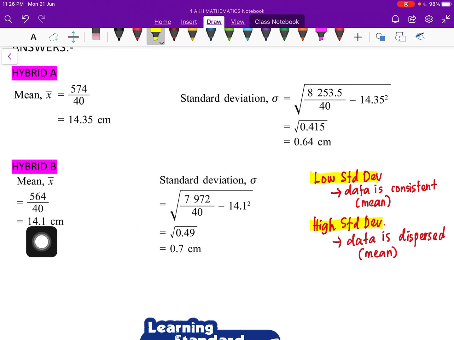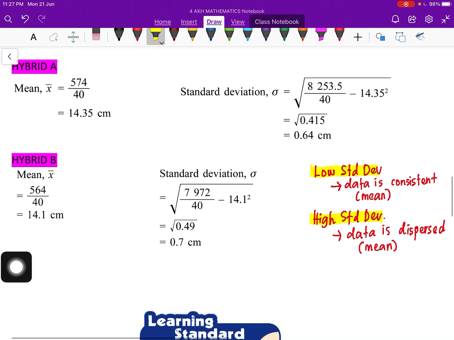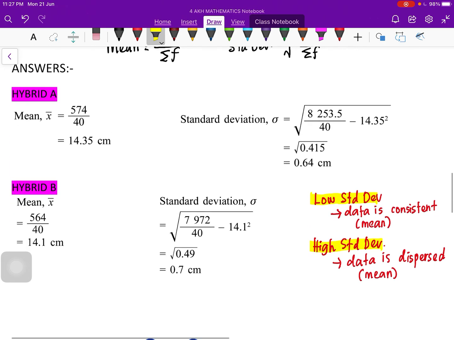Begitu Hybrid B, kelopaknya lebih kecil dan dalam satu bunga tu ataupun dalam satu tumbuhan tu, bila kita tengok dia punya bunga-bunga, kelopak dia tidaklah sekonsisten hybrid A. Okay, so kita akan refer kepada hybrid A lah to answer the question. Alright, so this is how we interpret measures of dispersion. So we use our mean, we use our standard deviation.